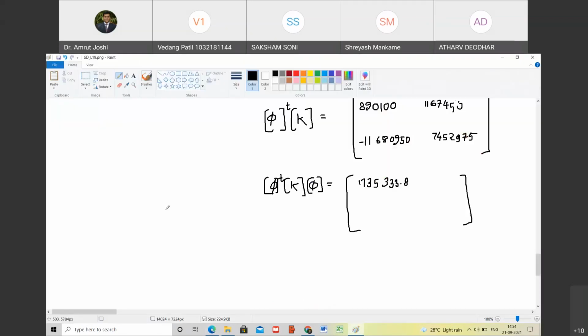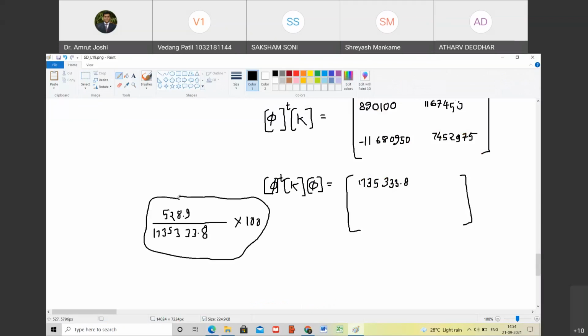Just to build confidence in you, you can do one thing. This is 528.9, right? Yes, sir. So 528.9 divided by 1735333.8, how much does it come? Multiply this by 100. Can you calculate this?